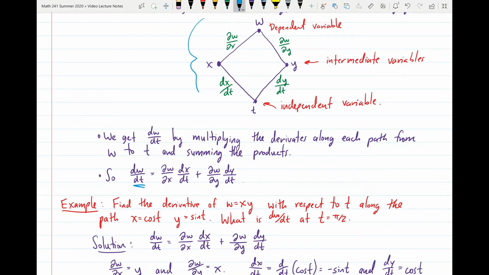So we have the partial derivative of w with respect to x multiplied by the derivative of x with respect to t. And notice that that's the first product that shows up. And then we're going to sum that product with the products we get when we walk down the other path from w to t. So here we get the partial derivative of w with respect to y times the derivative of y with respect to t, and that'll give us our second product.